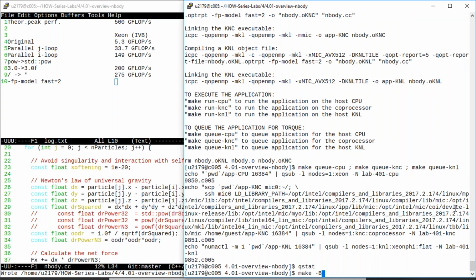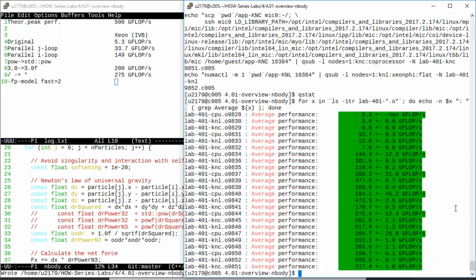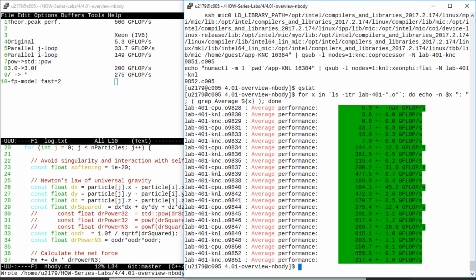This is done. And our best performance values now are these. I'm not sure about this number. Let's rerun. I think we had a fluctuation.